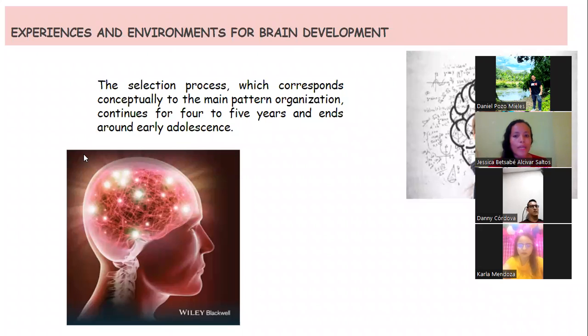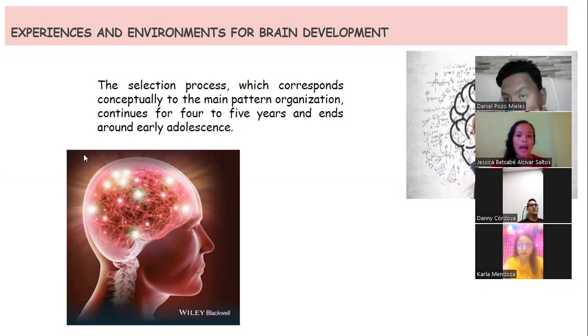An account of brain development in the early years of children is only complete if we first examine the origin of this process. During the prenatal months, brain development is a process that begins about 2 weeks after conception, continues for 4 to 5 years, and ends around early adolescence. 90% of the child's brain development happens before age 5, into young adulthood 20 years later.